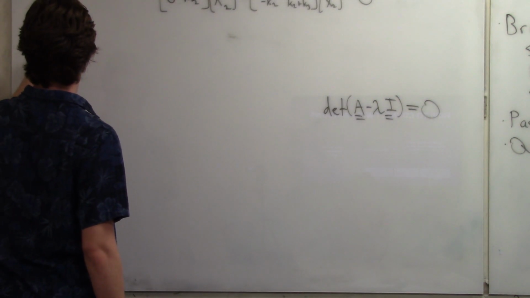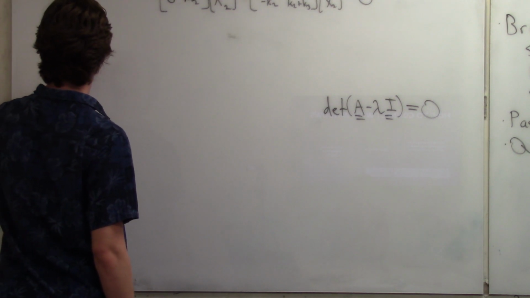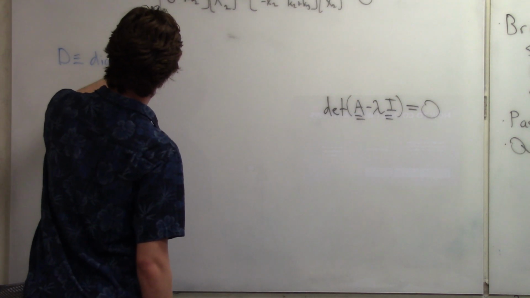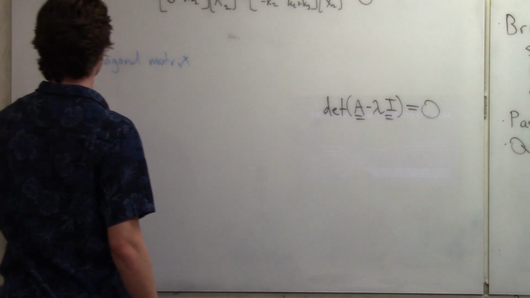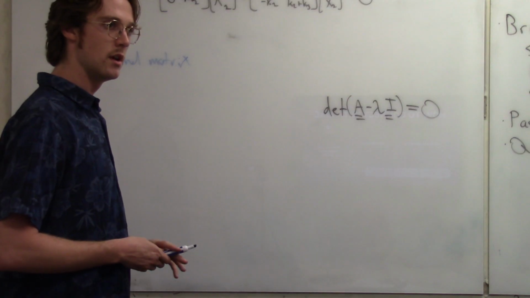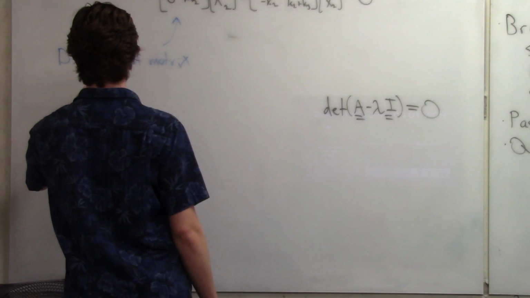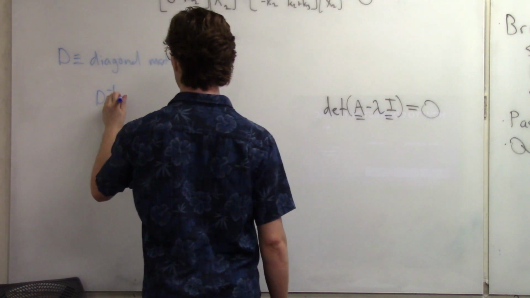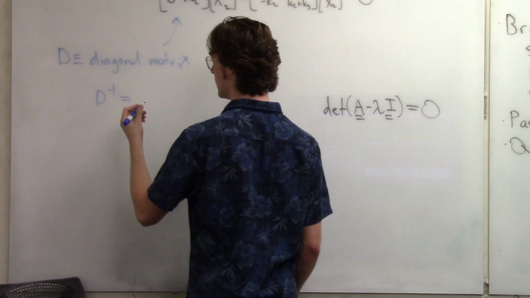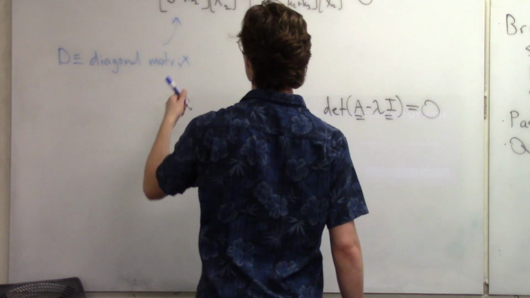So I'm going to say D is a diagonal matrix, which means that it's only going to have elements on the diagonal, just like this one right here. And so the inverse of a diagonal matrix is going to be just the inverse of all of its elements. I don't really know how to formally write that, so let's just do that with this one.